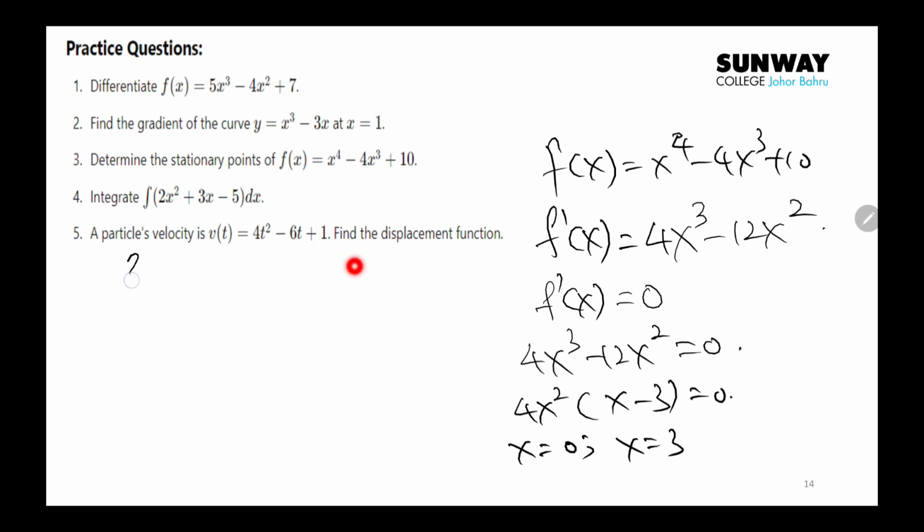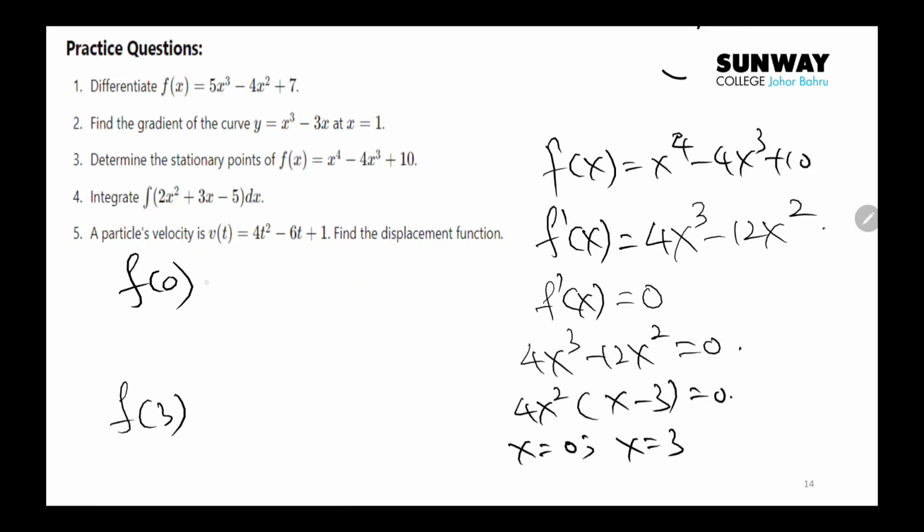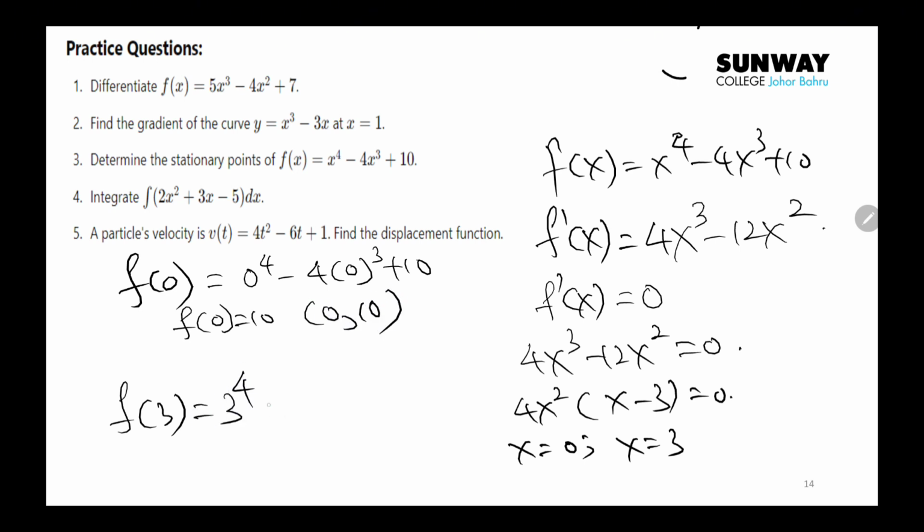To get the stationary points, you have to substitute 0 as well as 3 into the equation. So 0 to the power of 4 minus 4 times 0 to the power of 3 plus 10. So f(0) equals 10. Then 3 to the power of 4 minus 4 times 3 to the power of 3 plus 10.